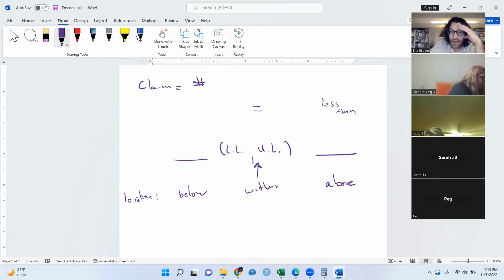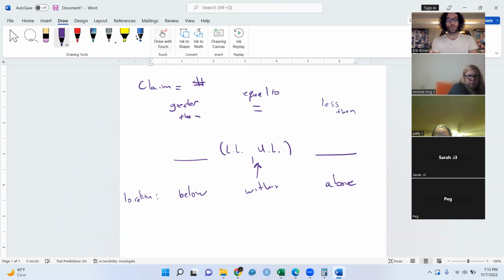For an equal to claim, which tends to be the simpler one to keep track of, the number just has to be within the interval. And for a greater than claim, or any version of these words, right? I guess I should have said equal to here.